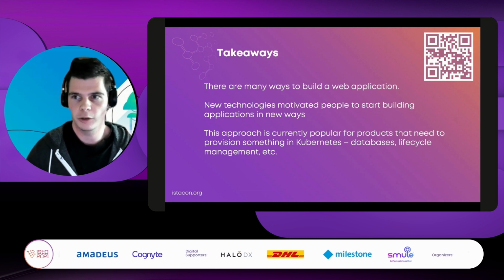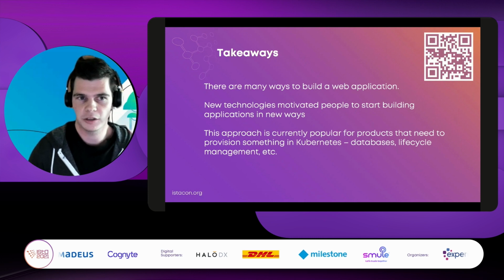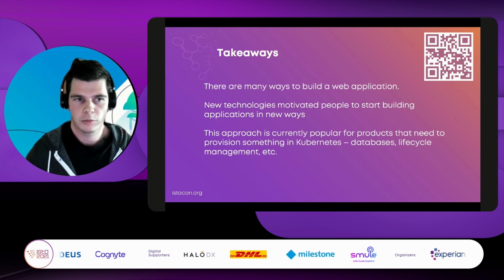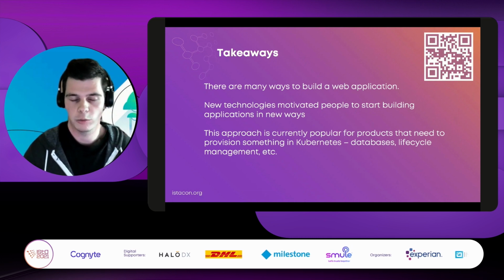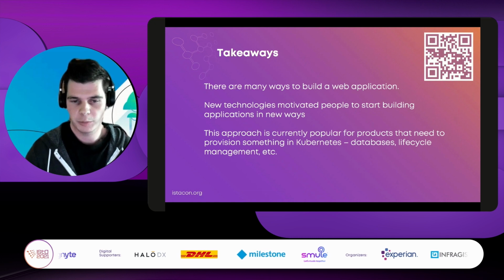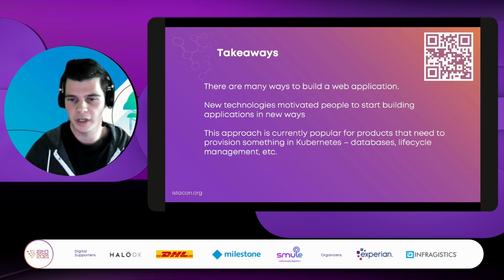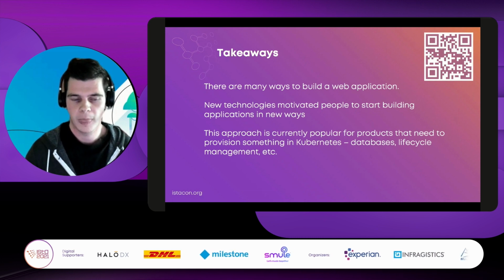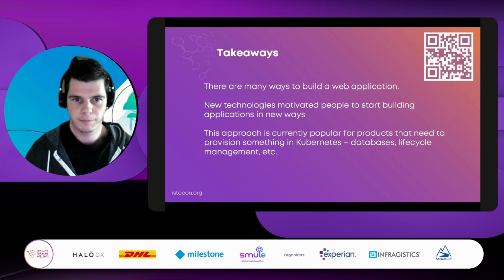So it's all a matter of trade-offs, and when you are evaluating how to write your next application, you need to make the right choices and see what works best for you and which trade-offs you're willing to make. And currently, we see this approach really popular for products which need to provision something in Kubernetes, like databases or some lifecycle management of some components.